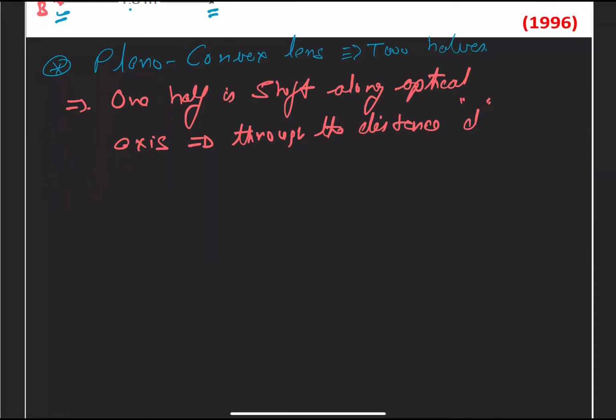The second important part is that the position of the object and image planes are fixed.